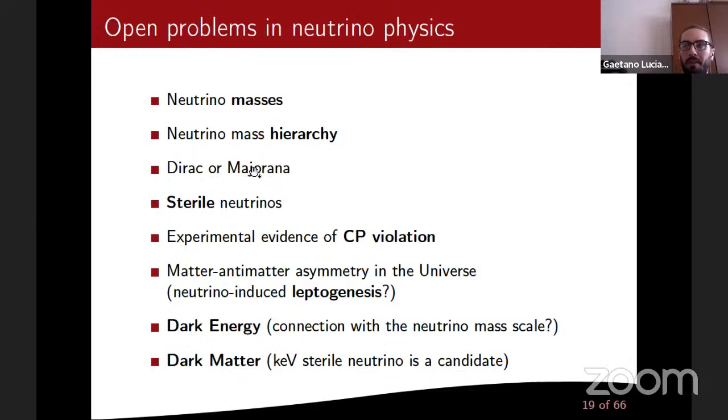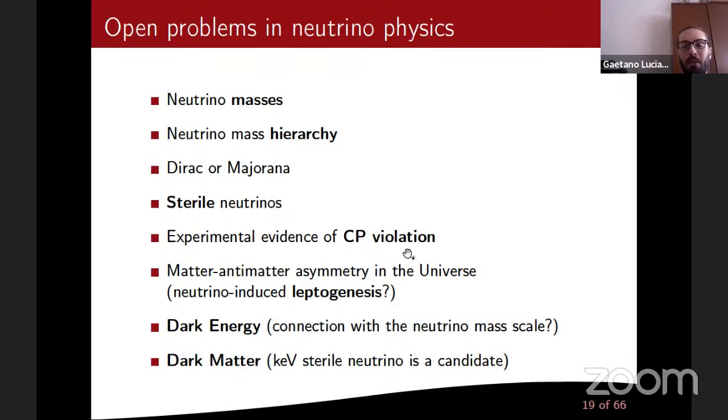The only test to establish whether neutrinos may be of Majorana type is the neutrinoless double beta decay. But so far we don't have any experimental evidence of this decay, so we cannot say anything. Again, sterile neutrinos, if there are extra neutrinos which do not interact.